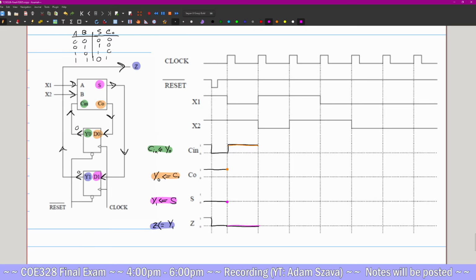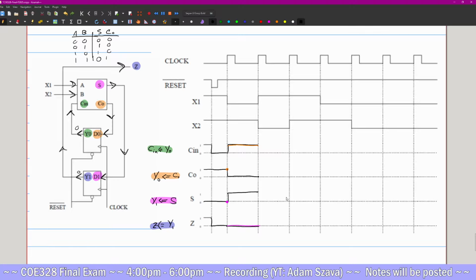So that kind of goes there like that. This other stuff, the carry out and the sum, depends on x1 and x2. So now it's 0, 1. That means our sum is 1 and our carry out is 0.